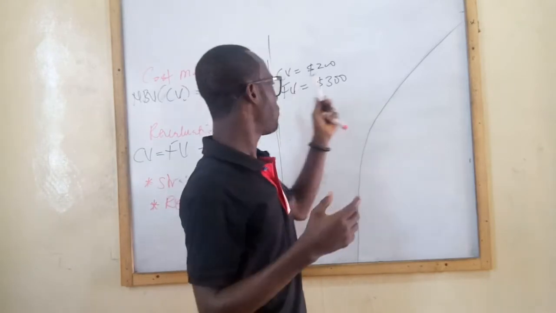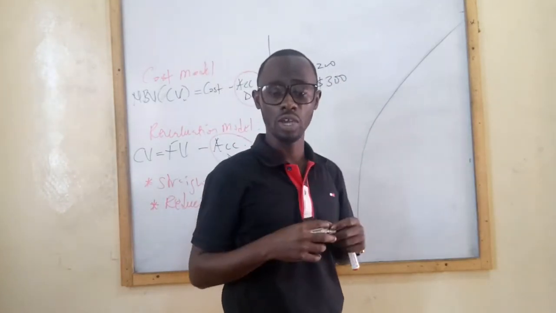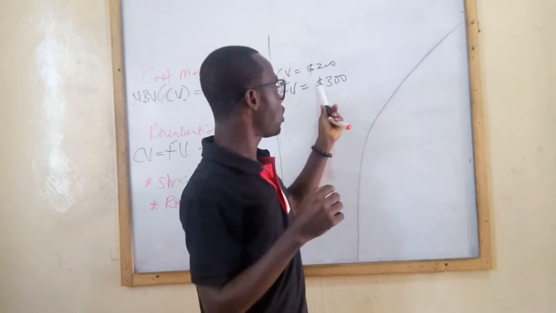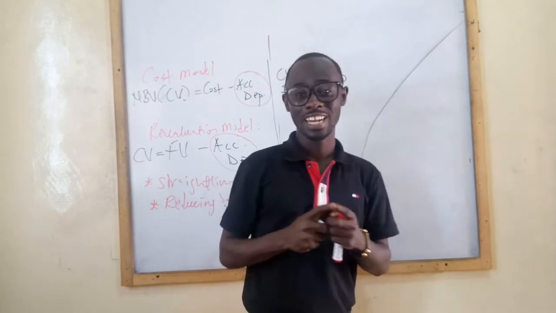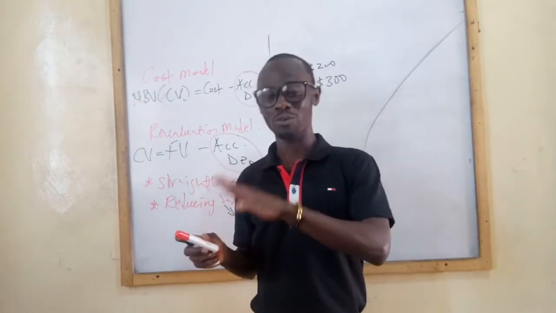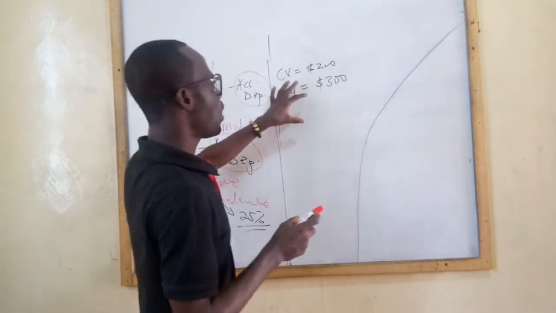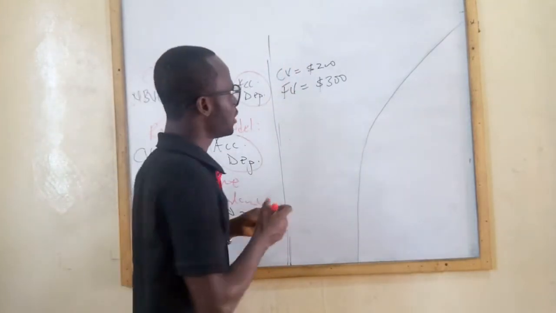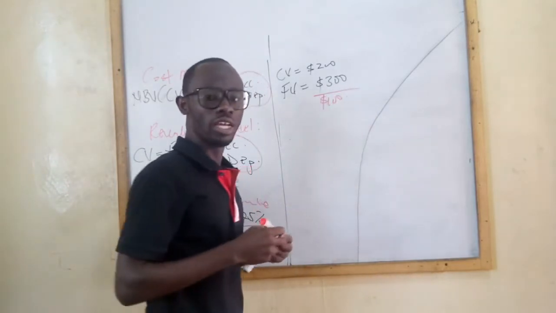Now, since the fair value of the asset is more than the carrying value, that is called upward revaluation. But if the fair value of the asset was less than the carrying value of the asset, that is what we talk about impairment, and we'll look at that under IAS 16. Now, when there is an upward revaluation like this of $100, what is the double entry for it?